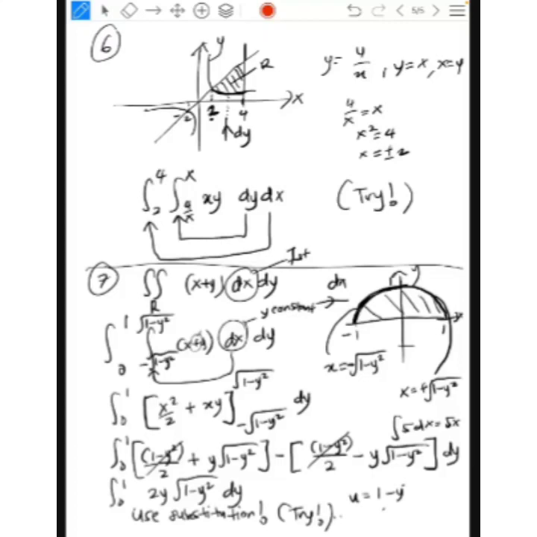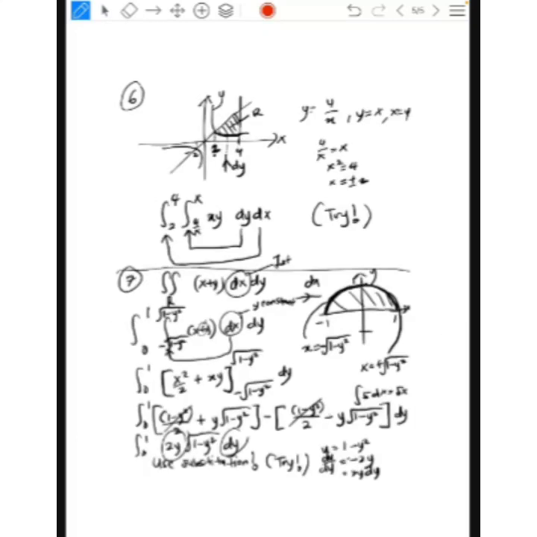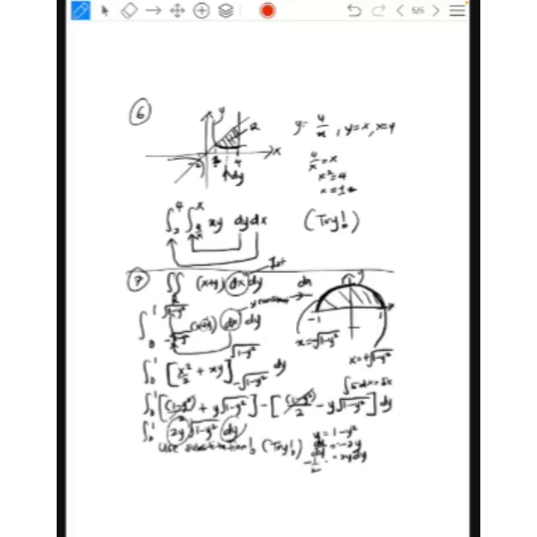Okay, so you substitute u equals to 1 minus y squared. So you will find du/dy equals to negative 2y. We have 2y dy here, right? So 2y dy will be negative 1 over 2 du.